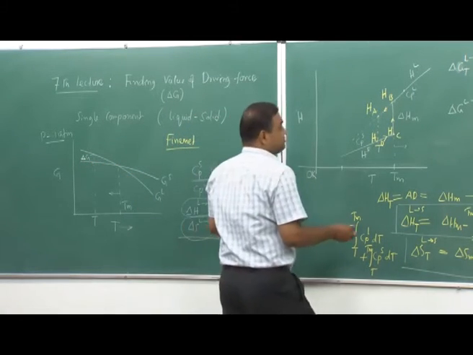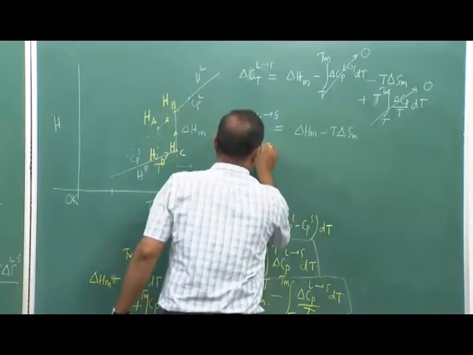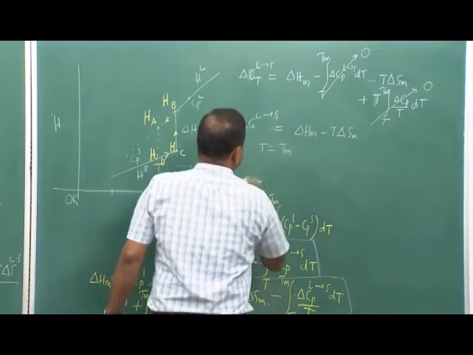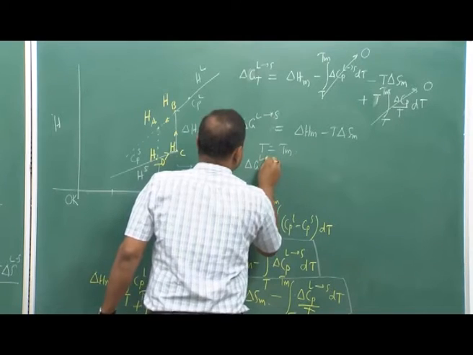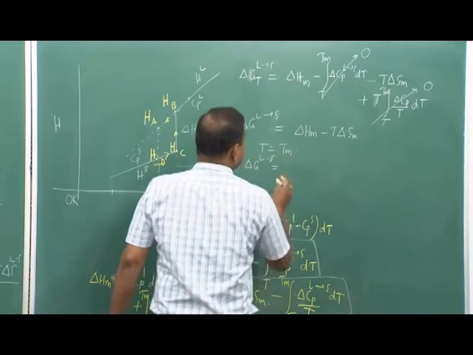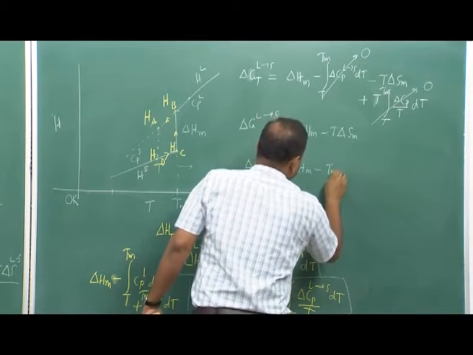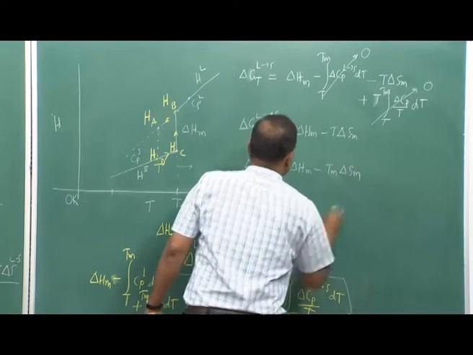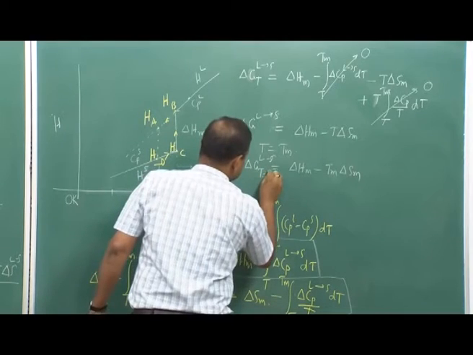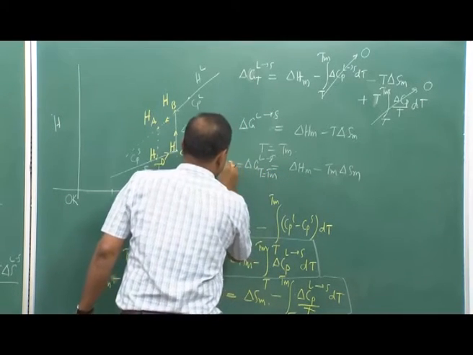So, if we take T to be Tm, then del G liquid to solid is del Hm minus Tm del Sm, and this is at T equal to Tm, which is nothing but 0.